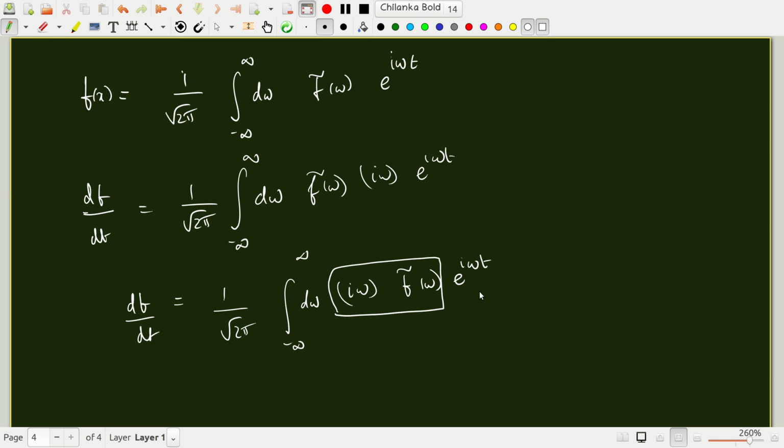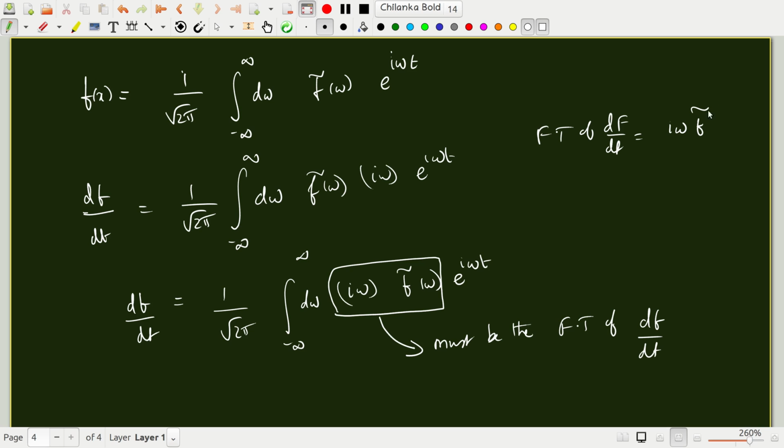So this stuff in the square bracket must be the Fourier transform of df dt, because we identified f tilde as the Fourier transform of f, but now we have df dt, so the Fourier transform of df dt is i omega times f tilde of omega.